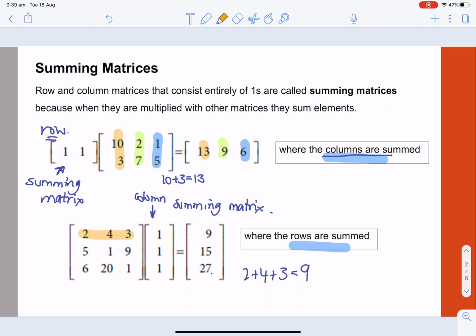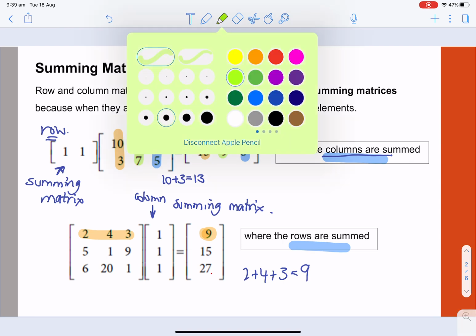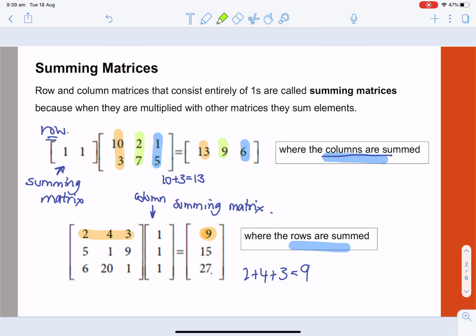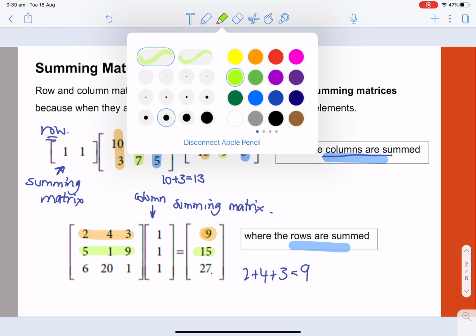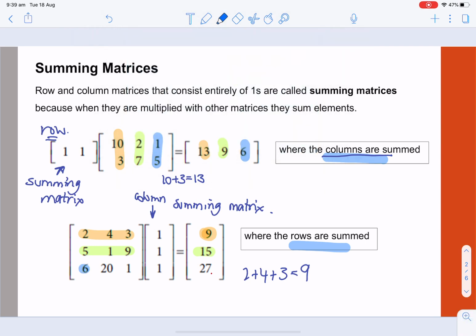And as you can see, 2 plus 4 plus 3 equals 9, and that corresponds with the very first element there. Change colour, we'll try and keep it matching like the other one. 5 plus 1 is 6, plus 9 equals 15. And blue: 6 plus 20 plus 1 gives us 27. So all I've done is sum the rows because I have a column summing matrix.